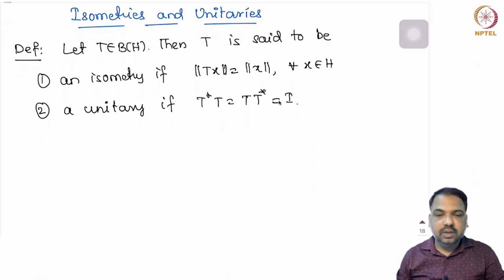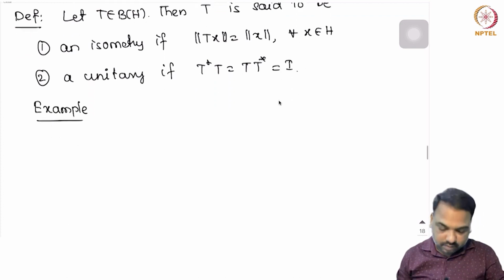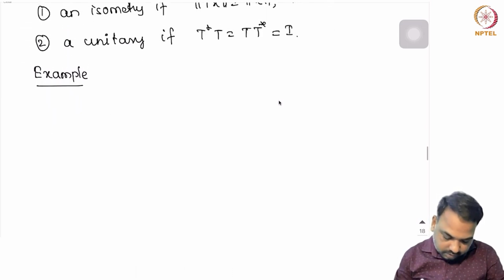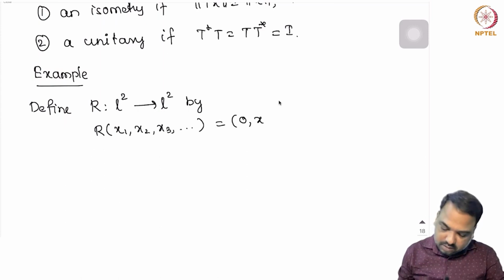So let us quickly look at examples. Let us look at the right shift operator on L2. R of (x1, x2, x3, and so on) is defined by (0, x1, x2, x3, and so on) for every (xn) in L2.